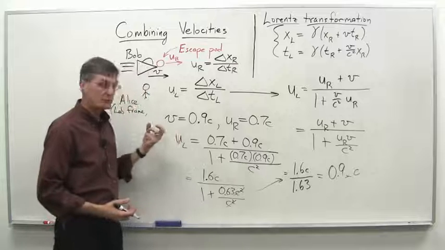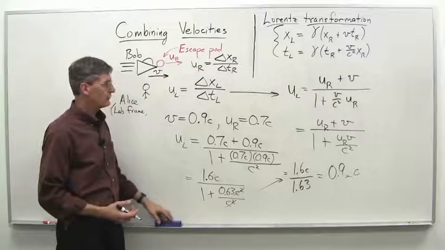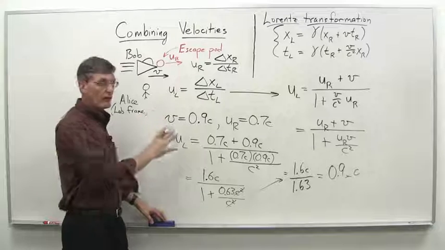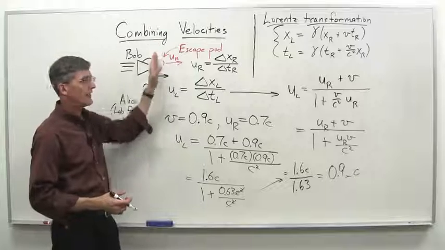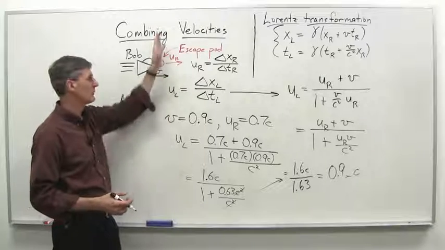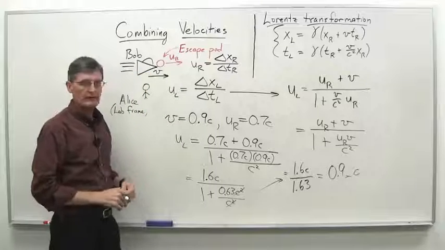But when we get speeds up close to the speed of light, they do not add as we expect them to. So there's that. A little bit later, in another video lecture, we'll look at the case where the escape pod actually goes off to the side at a perpendicular angle, either straight up or off to the side here. So we'll deal with that as well.